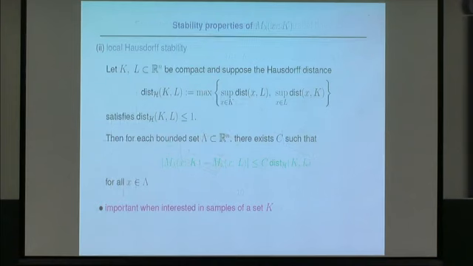In fact, one can prove, as I advertised at the beginning, Hausdorff-stability properties in the following sense. If we take 2 compact sets and define the Hausdorff distance between the sets in the usual way, then for some bounded set in R^n, there is a constant C that depends on this set, such that the difference in the sup norm between the medial axis maps corresponding to K and L is bounded above by a constant times the Hausdorff distance between the sets.